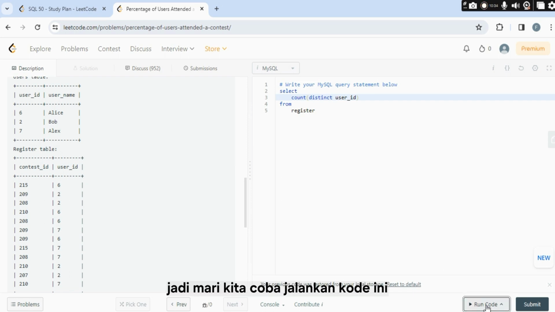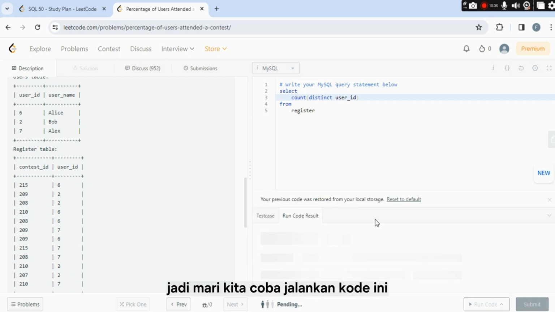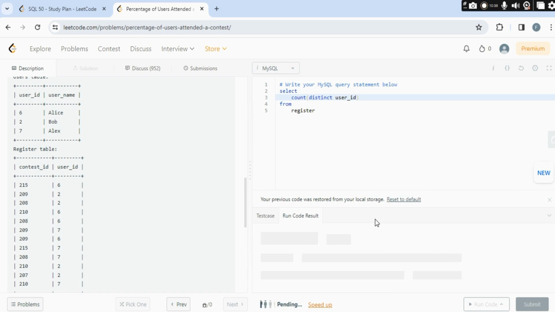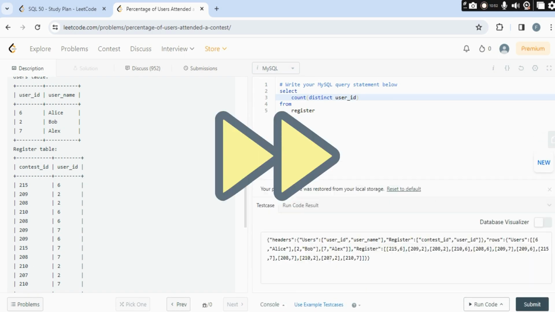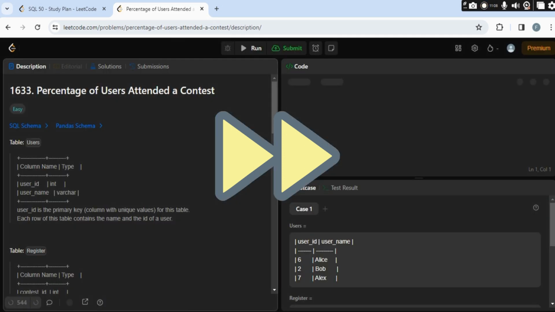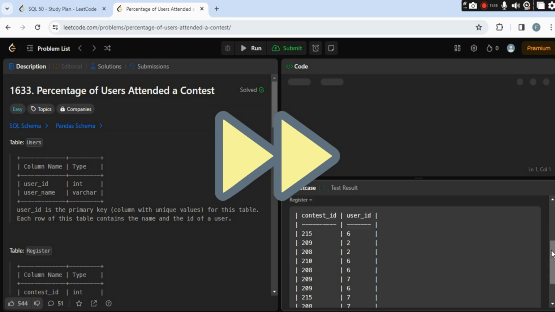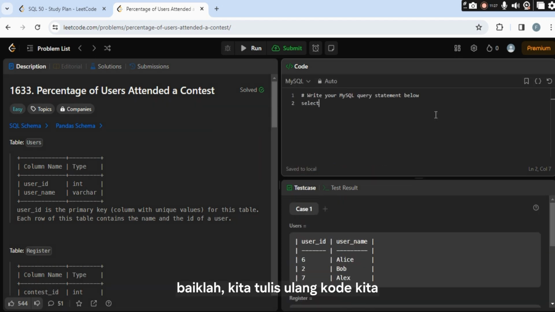Let's try. If we run this code, all right, we rewrite our code.